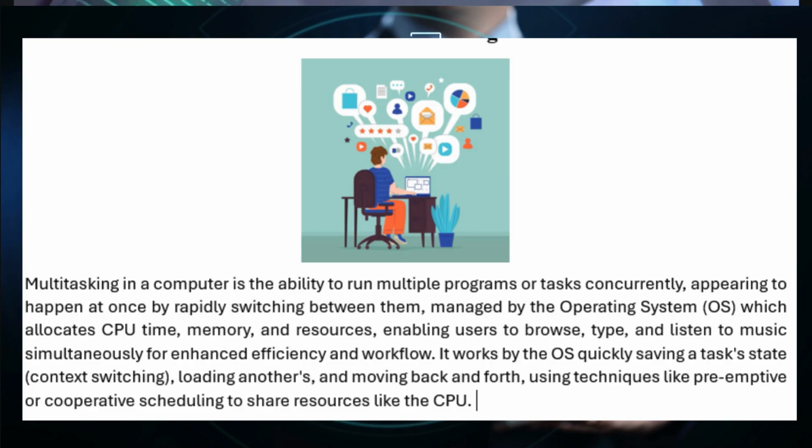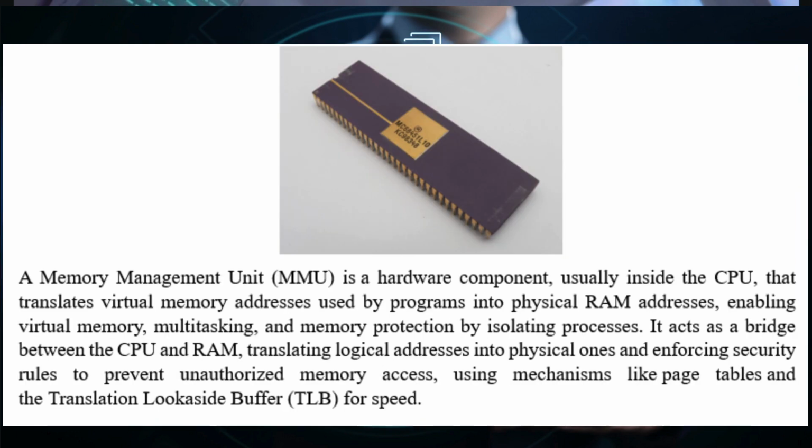So, for protecting the system, the Memory Management Unit, or the MMU. As computers began running multiple programs simultaneously, a new danger emerged. One program would accidentally or maliciously overwrite the memory of another program, or even the operating system itself. This led to the development of the Memory Management Unit, or the MMU.